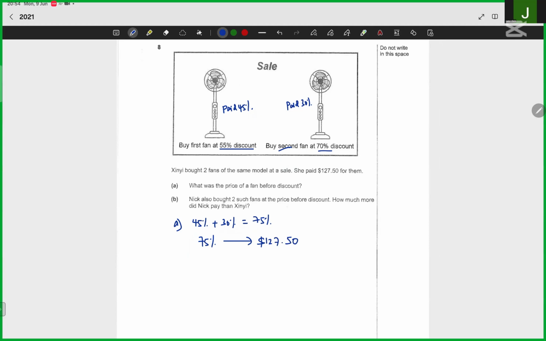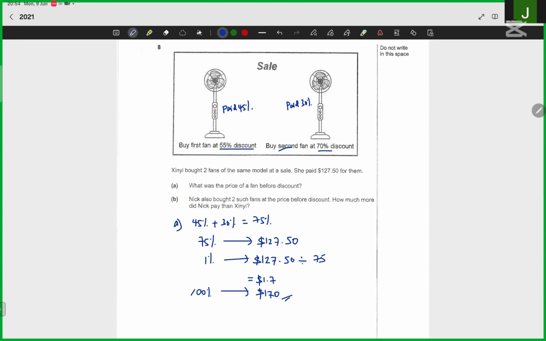So we want to find 1% first. So 1% we'll just divide by 75. 127.5 divided by 75, got calculator, so just key calculator. 127.5 divided by 75 is 1.7. So 100% would be $170.